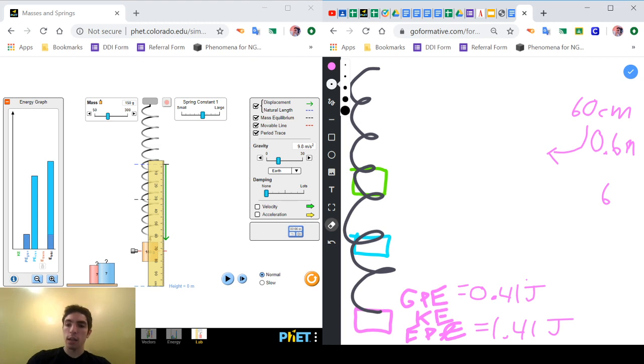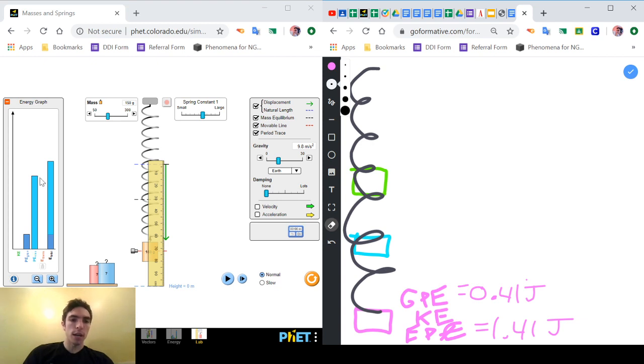In order to do that, there are a couple different ways to think about it. One is if you were in lab, so we would have done this in class, if you had just pulled that mass down and you hadn't let it go yet, this mass isn't moving yet. And we know that kinetic energy is the energy of movement, but if we're not moving, we shouldn't actually have any kinetic energy. Another way to confirm that in the simulation, if you look over to the left side, we've got this energy graph, and I can see in the light blue, that's elastic potential.